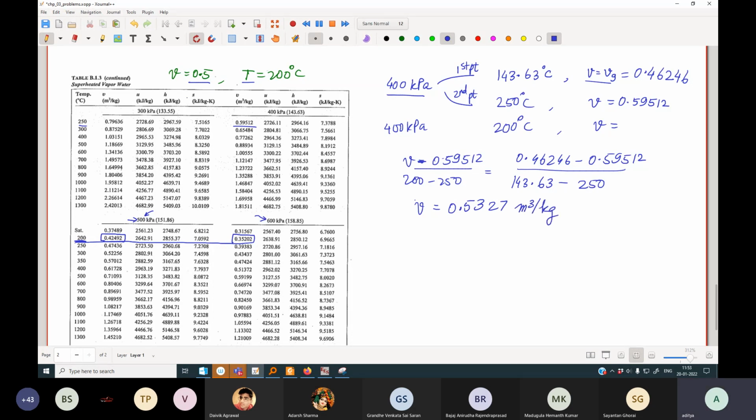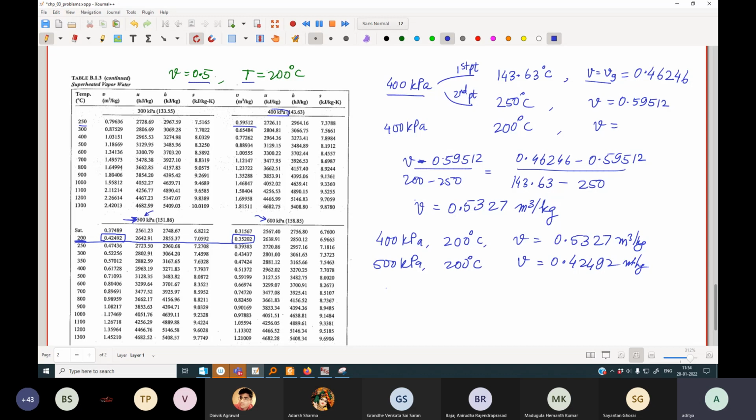So what do we have? At 400 kilopascal, 200 degrees Celsius, we have a specific volume of 0.5327 meter cube per kg. And at 500 kilopascal, at 200 degrees Celsius, we have a specific volume of 0.42492 meter cube per kg.